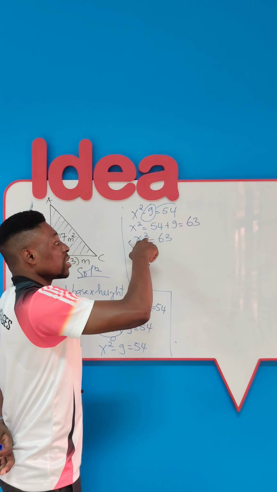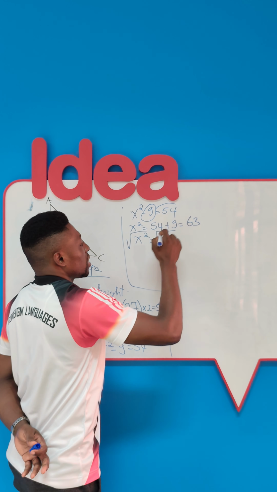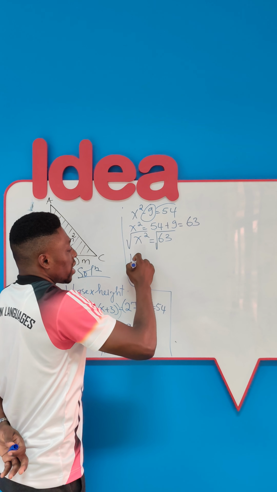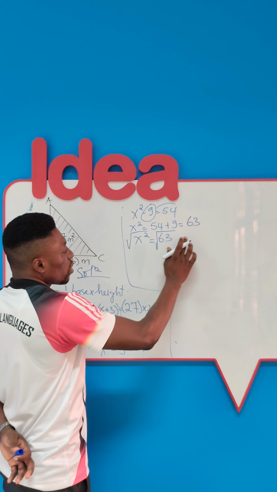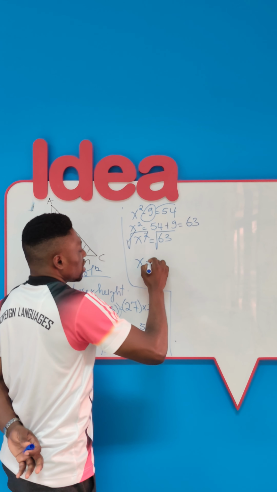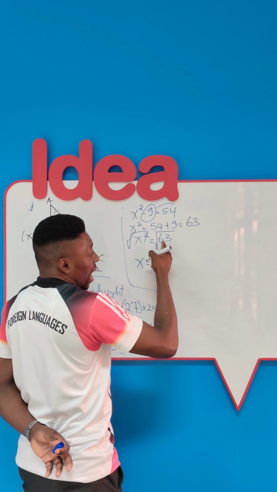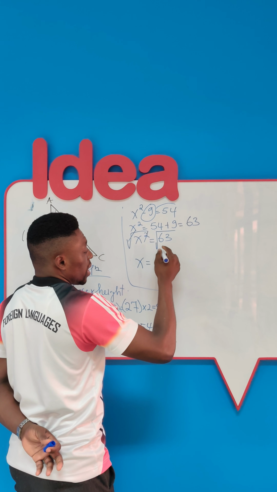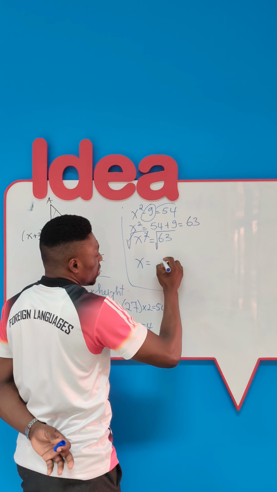In this case, this is squared, so we are going to take the square root of both sides. The square root is the reciprocal of this. So the square root cancels the square, and x is going to be equal to, let me write this out first. Had this been 64, we would have exactly 8. But since it's 63, we're going to have something like maybe 7.9.